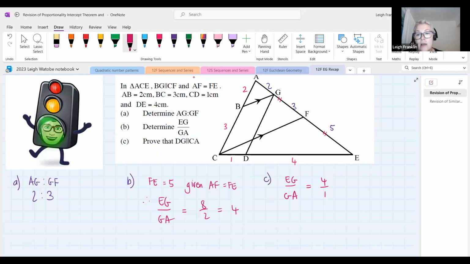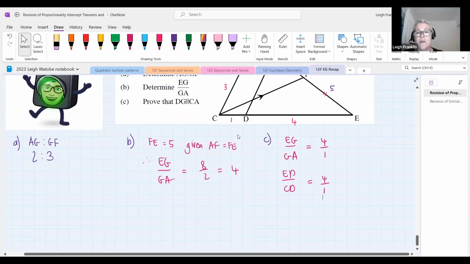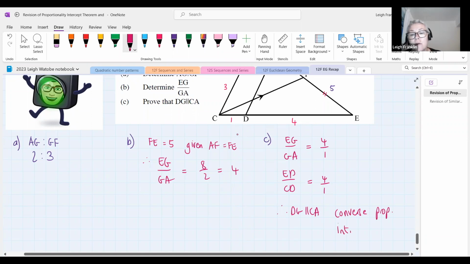We then need to look at the other side. That would be ED over CD, which is also equal to 4 over 1. Then we can conclude that DG is parallel to CA, and our reason would be the converse proportionality intercept theorem. And that would be it, matrix.